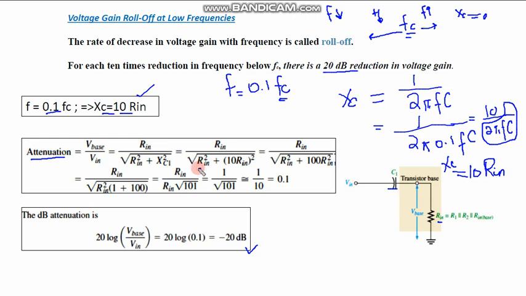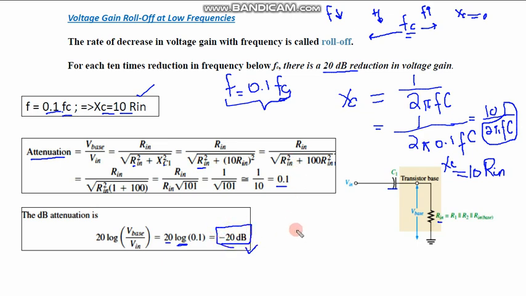Now put the values, Rin square as it is, and Xc is 10 Rin, so Xc square becomes 100, this is 101 under the root, and this would be 0.1. So if I take the log and multiply by 20, because this is a voltage ratio, this is a value of minus 20 dBs.